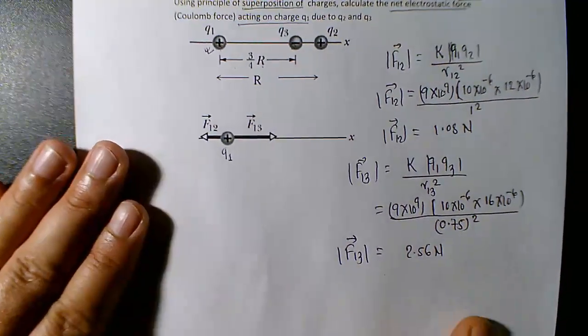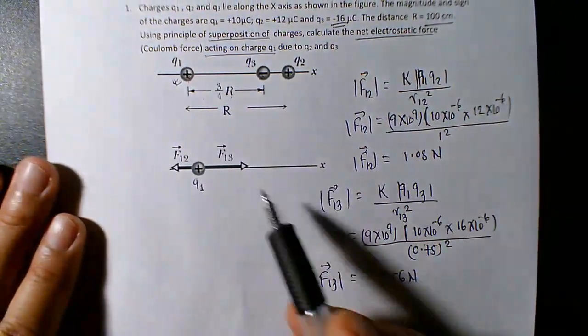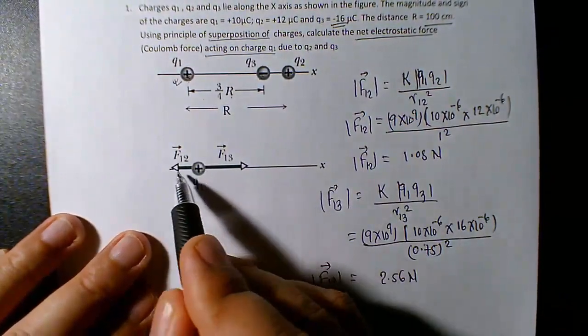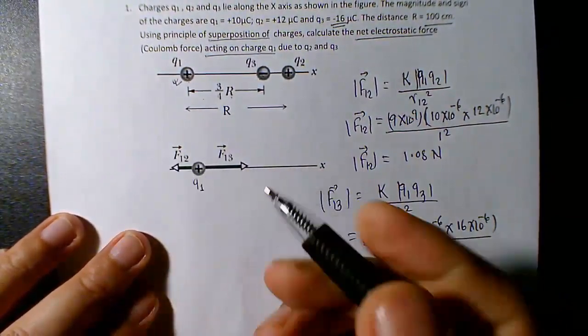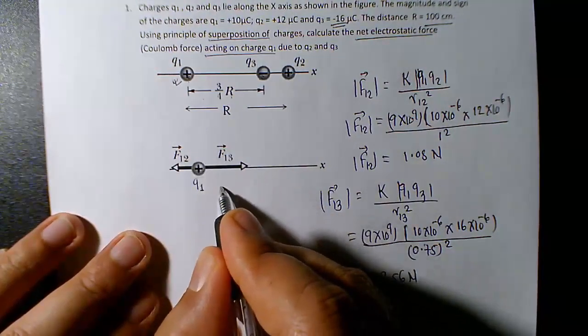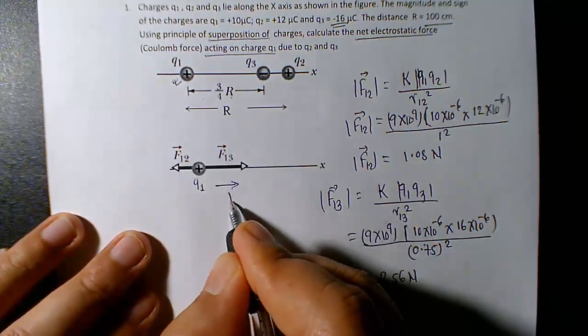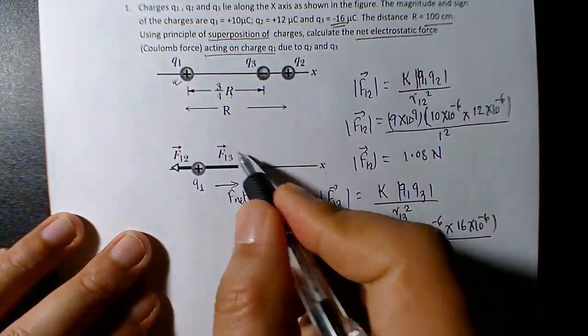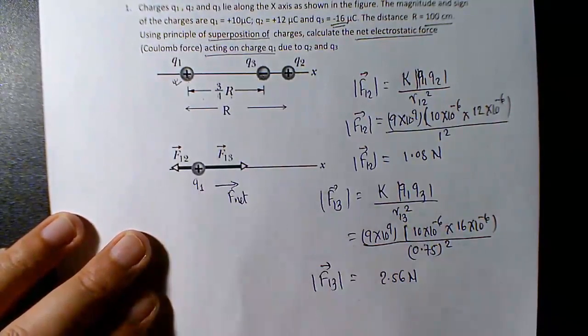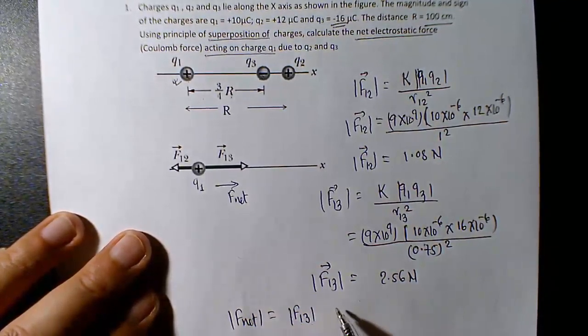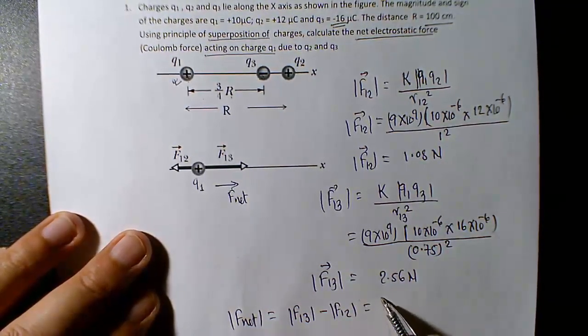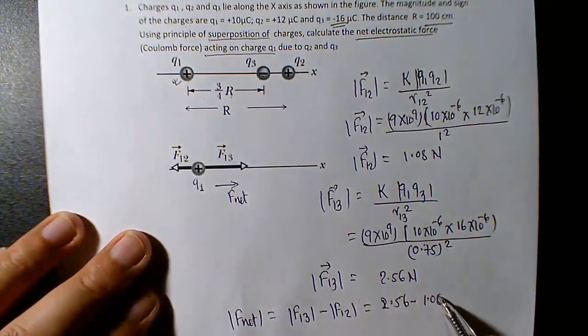But now, since we have calculated the individual forces, what would be the net force? Since they are lying along the same axis, it is really easy. The net force will be in that direction, because this one is bigger. So the net force will be this stronger force minus this force. The net force magnitude will be F13, which is stronger, minus F12: 2.56 minus 1.08.